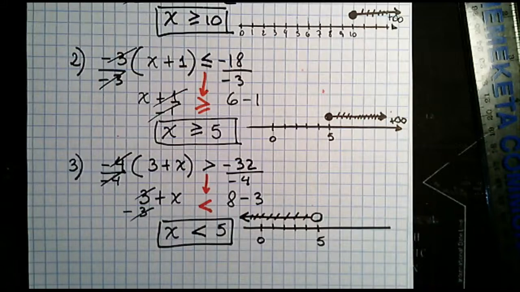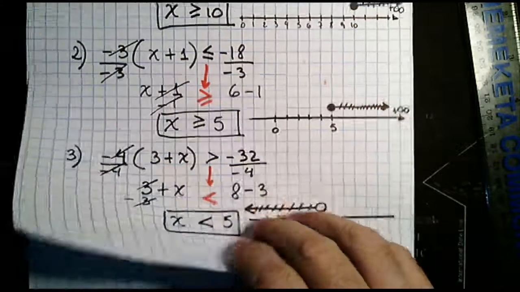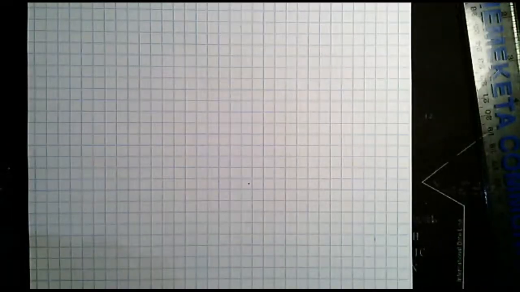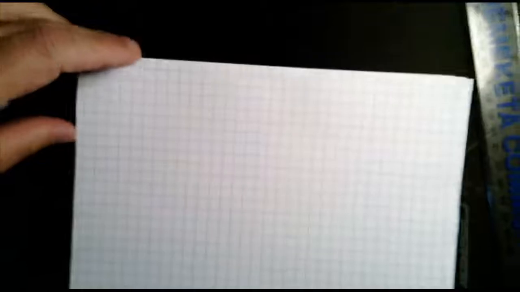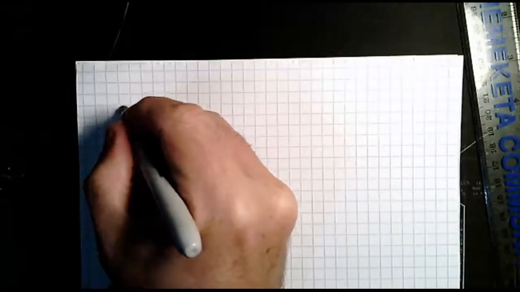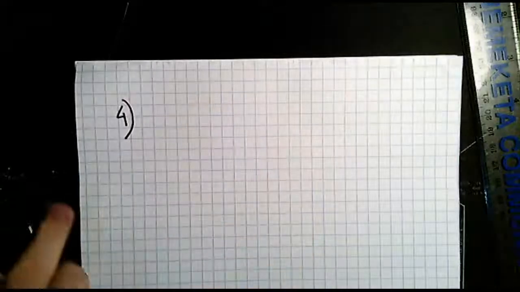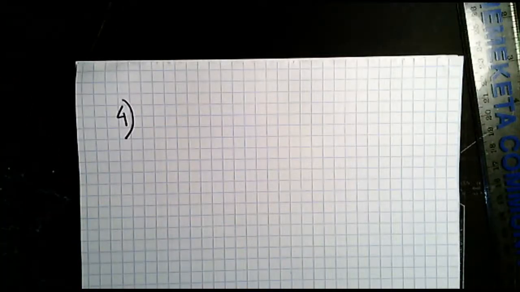Okay, very good. So I will solve one more problem here, and let's do number 4 actually. Yes, number 4. So in number 4, we are going to have this one.